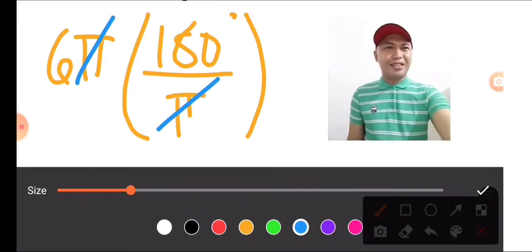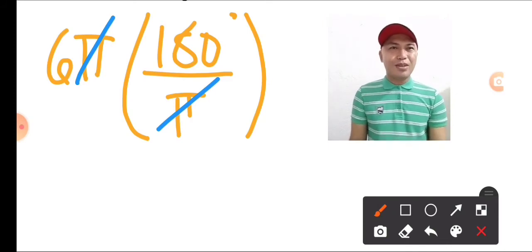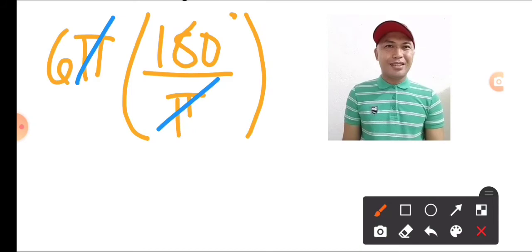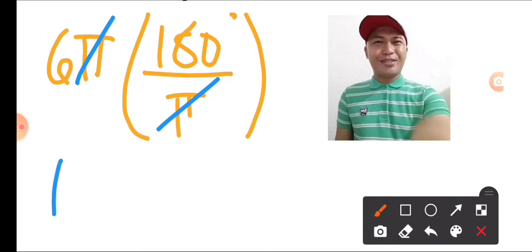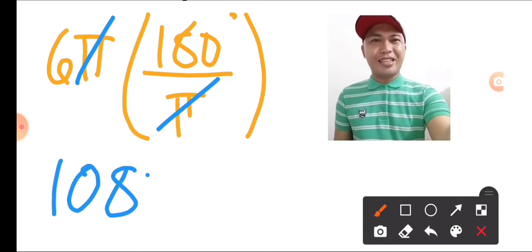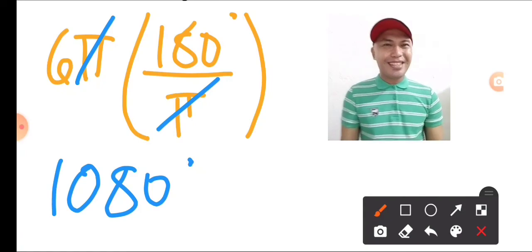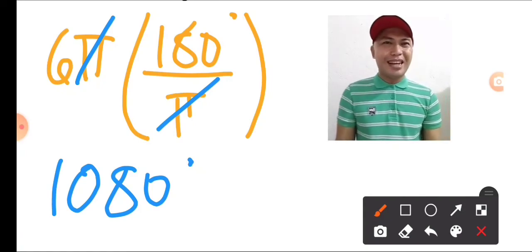What is left is 6 times 180 degrees. 6 times 180 degrees is 1080 degrees. And that's a quadrantal angle.